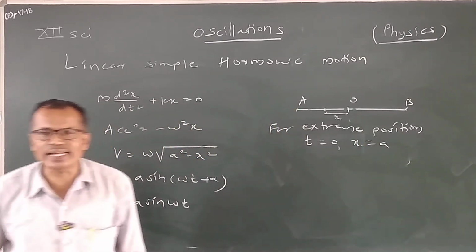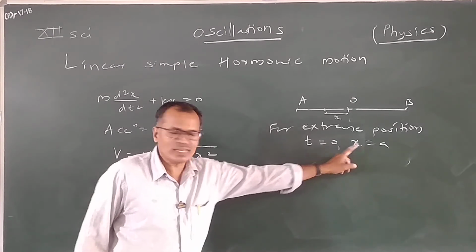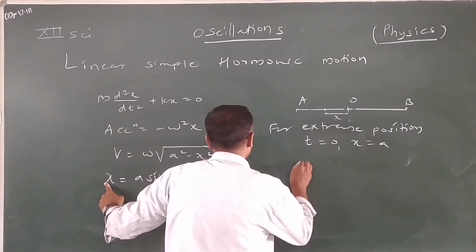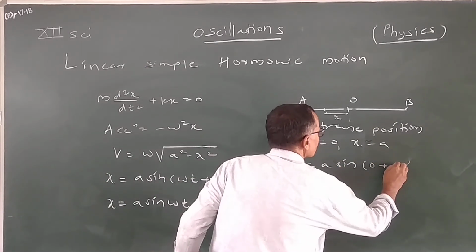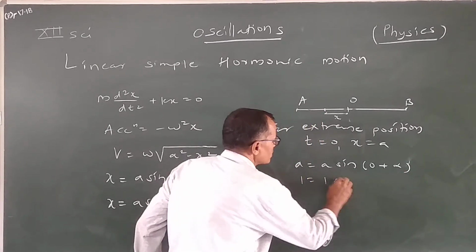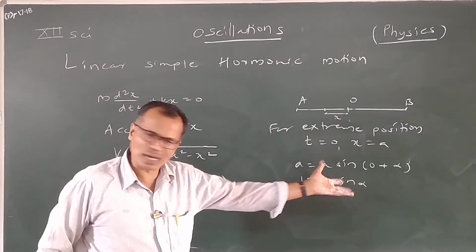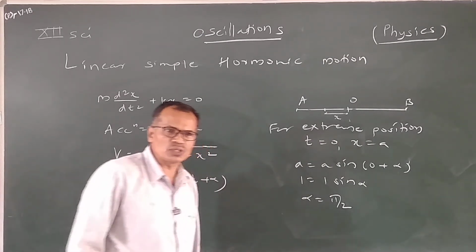The equation becomes a equal to a sin(0 plus alpha). Then 1 is equal to sin alpha, which means alpha is equal to pi by 2.